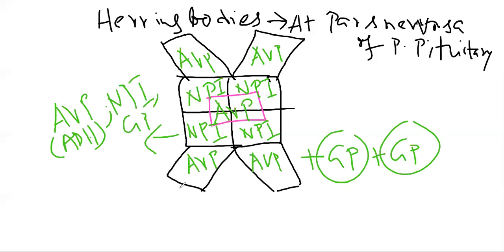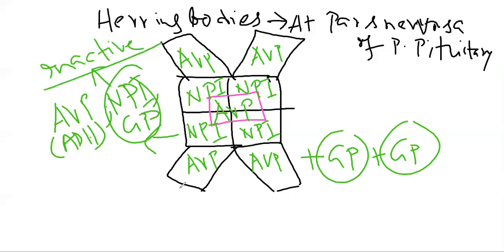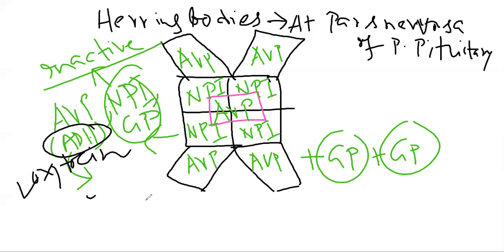Subsequently, this neurophysin 1 and the glycoprotein subunits remain inactive, in a dormant state in the circulation, and this ADH as well as oxytocin, ADH from this structure, and if it is neurophysin 2, then oxytocin, also come into the circulation. So ADH and oxytocin will come into the circulation.